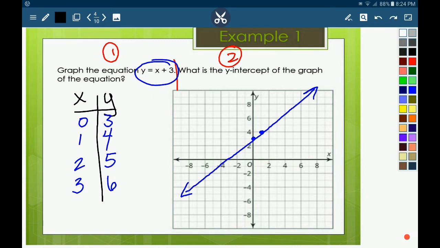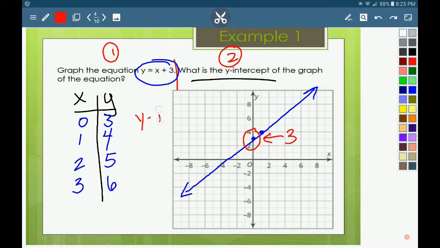So now we need to identify what the y-intercept is. Where does this graph cross the y-axis? It crosses the y-axis right there at 3. So my y-intercept, and I will usually abbreviate y-intercept as y-int with that dash in between so it doesn't look like yint, is 3. The graph is part of my solution and the actual answer of what the y-intercept is is part of my solution.